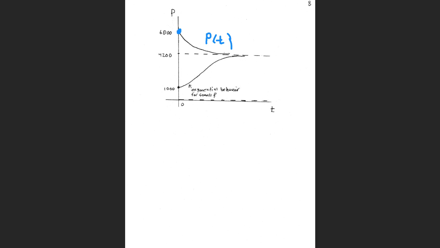All right, so if your initial population of say deer were 6,000, then the population decreases to 4,200, and that's because we were told in part B that if the population is greater than 4,200, then the derivative dp dt is negative.